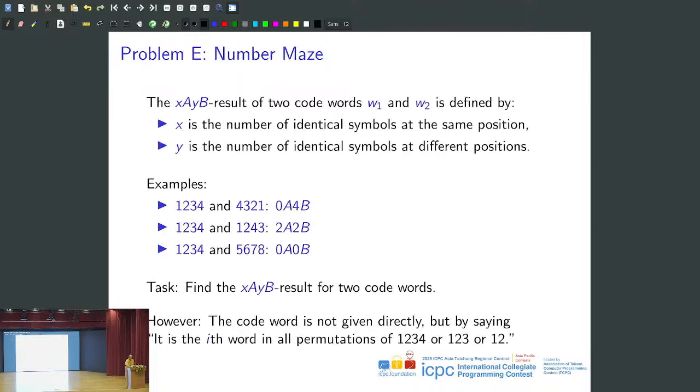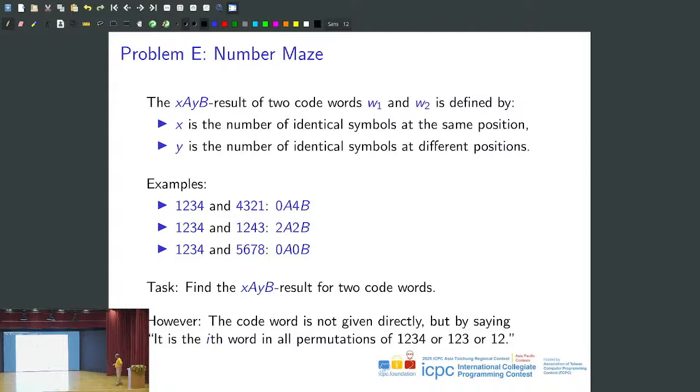Okay. So the next problem is already a little bit harder, but still for most of you very easy. This was the problem where you have two words and you should say how many symbols are identical but in different positions and how many symbols are identical and in the same position. You can solve this by counting the symbols and looking at all the positions.